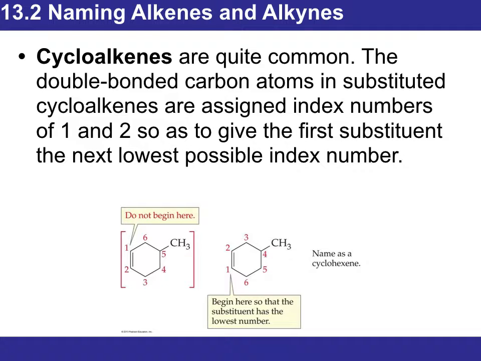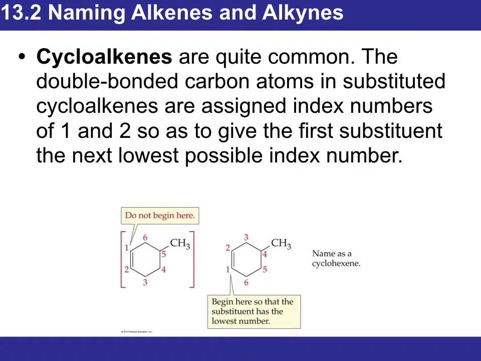Other thing, we're going to look at the one we call cycloalkene, where they're very common. And here the double bond carbon atoms are substituted cycloalkene, and they are assigned an index number 1 and 2 to make sure that the first substituent has the next lowest possible index number.